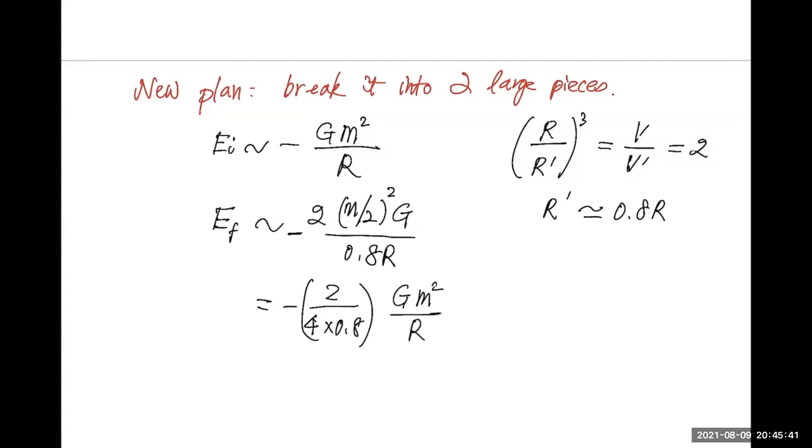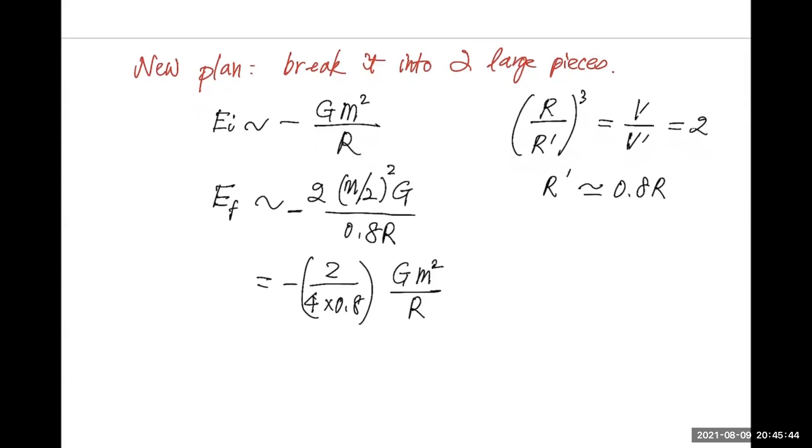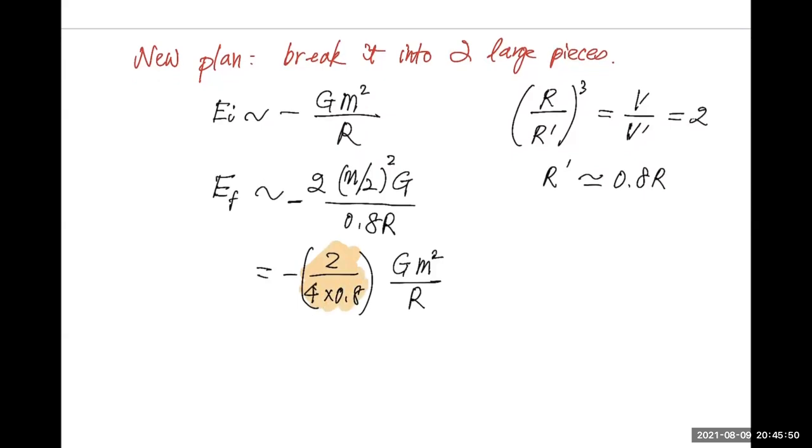So you compare with the original expression, you have this extra factor here. And this extra factor is not that far from 1. It is about 0.6. Okay, so you're looking at roughly negative 0.6 of the initial energy.